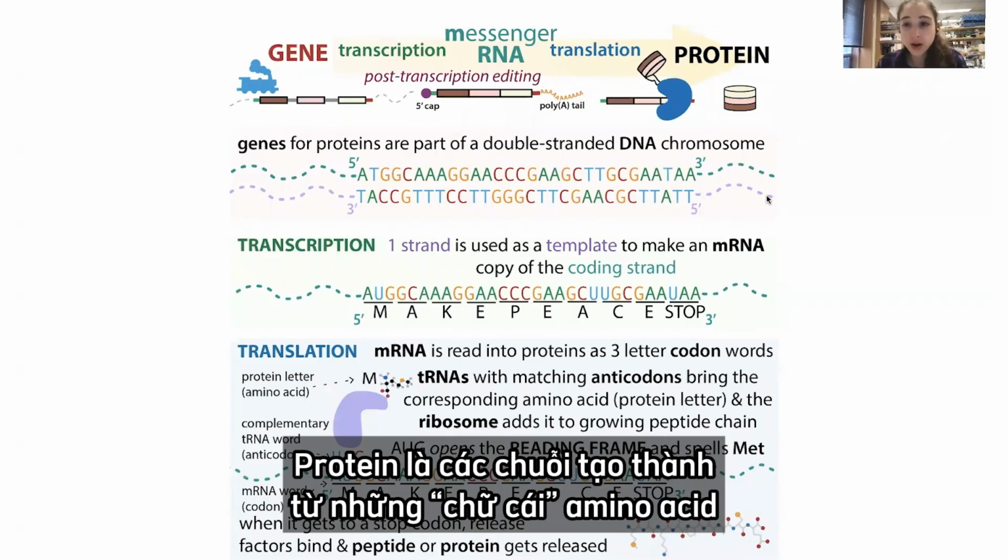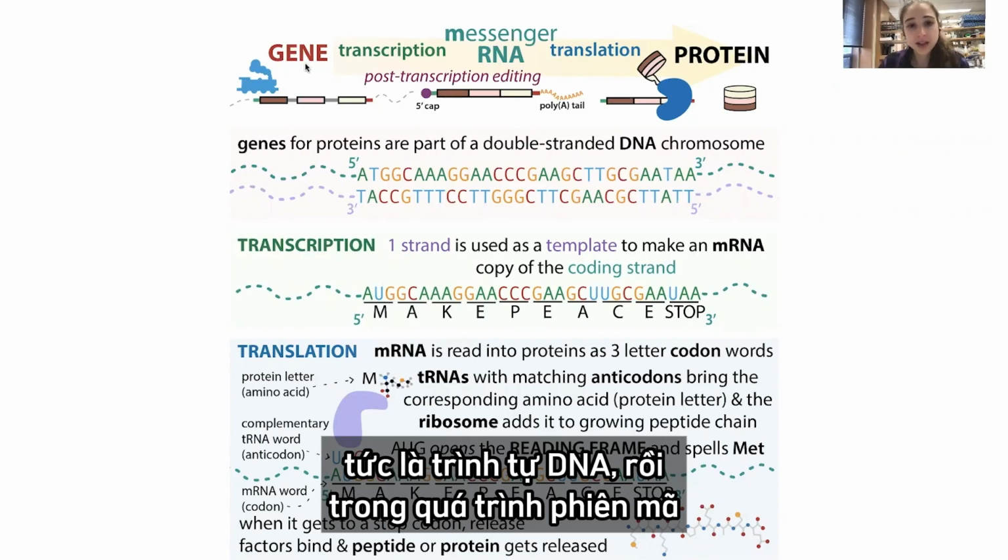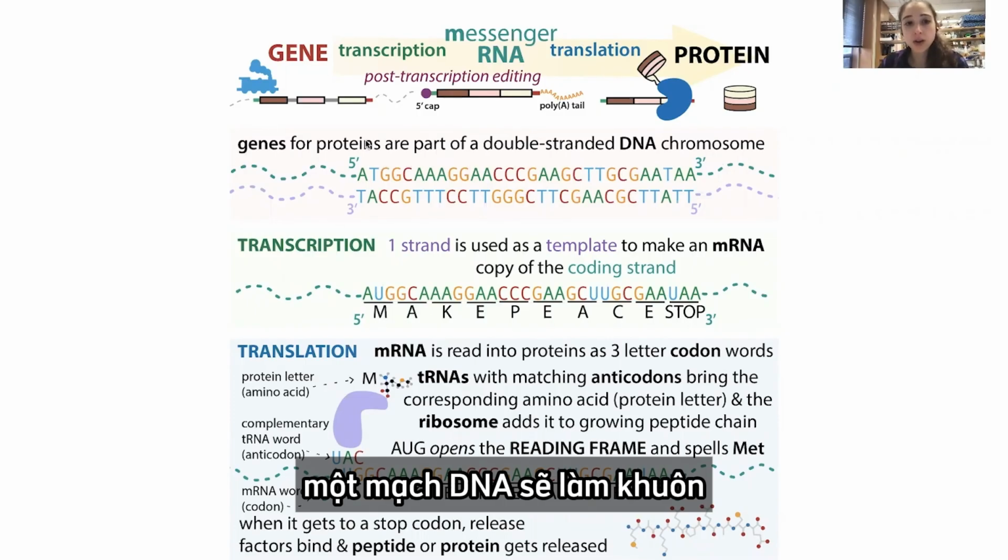So proteins are chains of amino acid letters, and the instructions for making them are written in the form of genes, which are DNA sequences. In the process of transcription, one strand of that DNA is used as a template to make a messenger RNA copy.